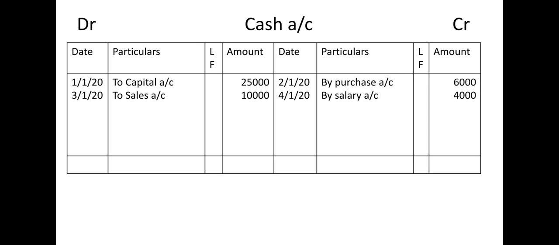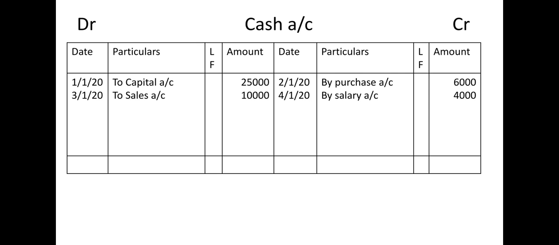You already know, students, that every ledger account has two sides. The left side is known as the debit side and the right side is known as the credit side. Every account has two sides, but the totals of both sides are not always the same, or mostly they are not the same.